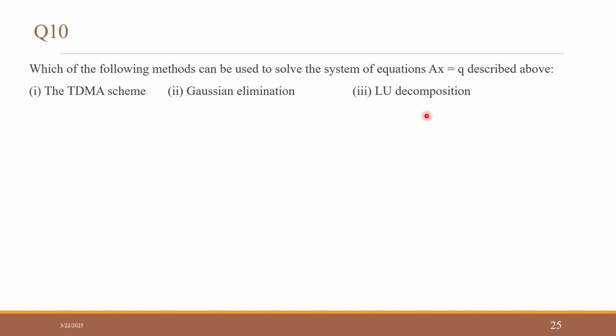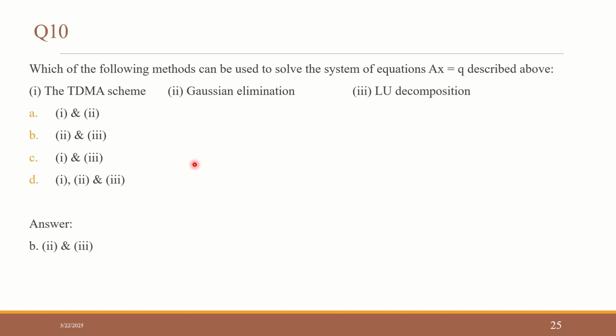Looking at the options: option A, 1 and 2; option B, 2 and 3; option C, 1 and 3; option D, 1, 2 and 3. So the answer is option B, 2 and 3.